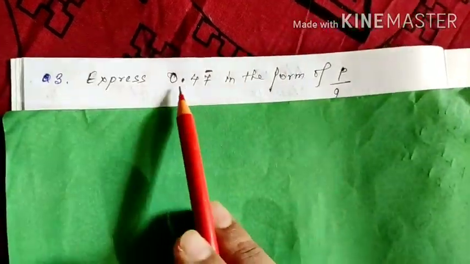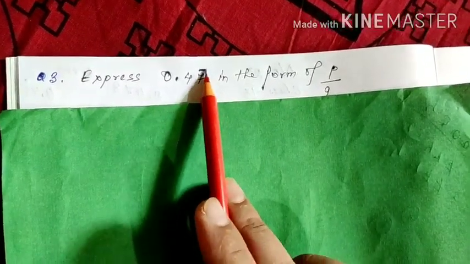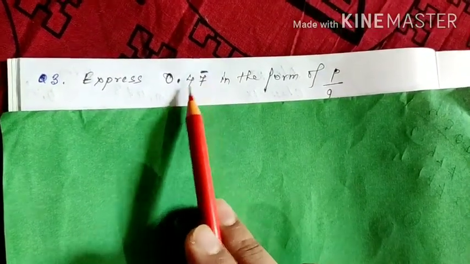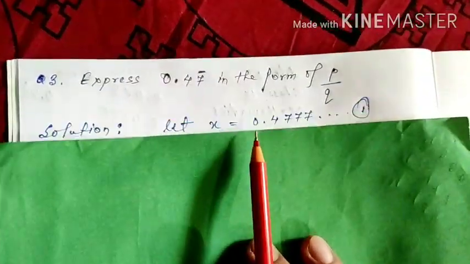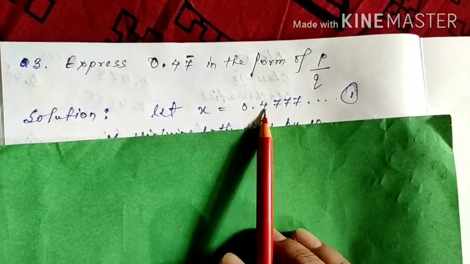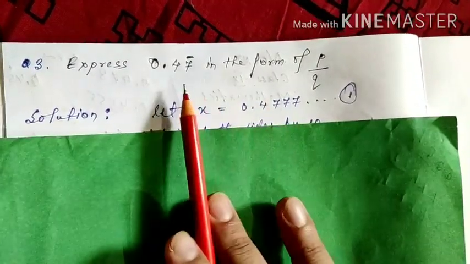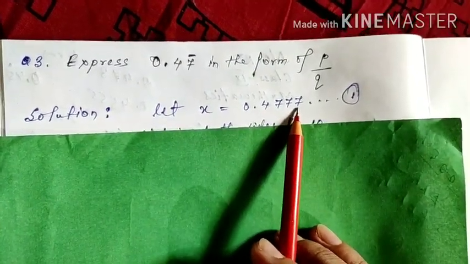Let us take another example over here, that is 0.47 recurring. 7 is repeating itself, not 4, okay, in the form of p by q. So let us start our solution. As usual, let x equal 0.4777, as 7 is repeating itself, so we'll write 7 at least 3 times.